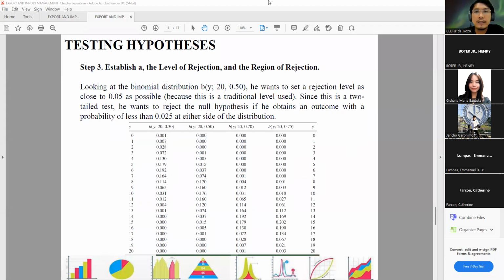So, kung titingnan natin dito, we want to pattern this one on that. Saan tayo titingin? Titingin tayo dito sa n = 20, pi = 0.5. So, he wants to set a region of rejection as close to 0.05. Bakit 0.05? Ito is default natin na ginagamit natin.